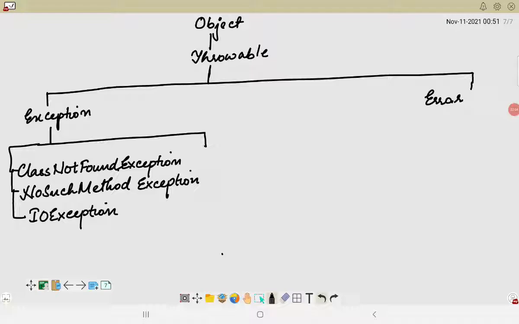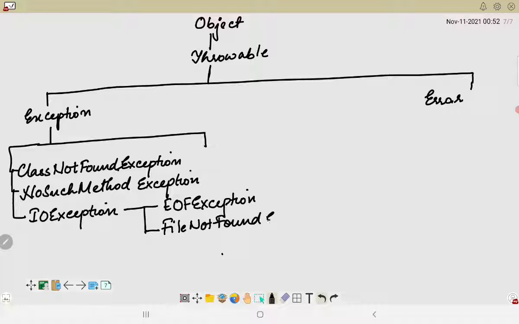The input output exception again has three different types, like end of file exception, then we have file not found exception, then again we have, let's say, interrupted IO exception.